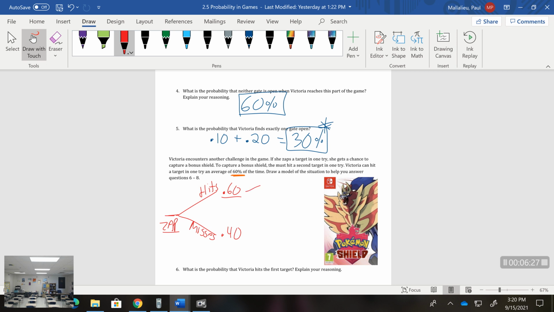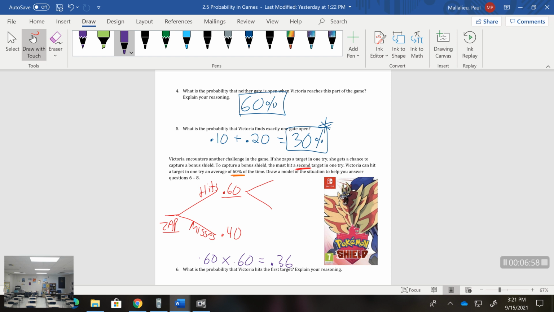Then from there, we're going to branch out again because there's a second target. If you have 0.60 one time and then you do 0.60 again, let me change the color here. So we got 0.60, and then if she is able to take another shot times 0.60, that is 0.36.